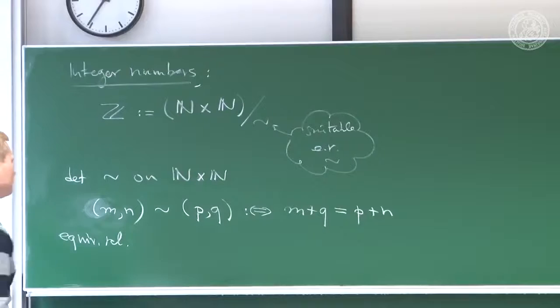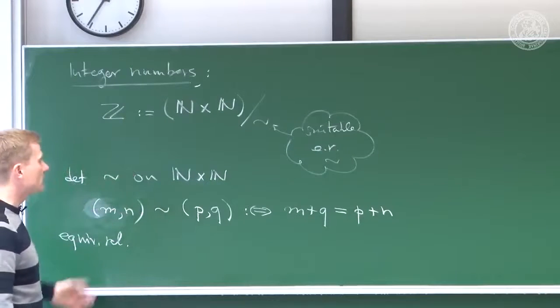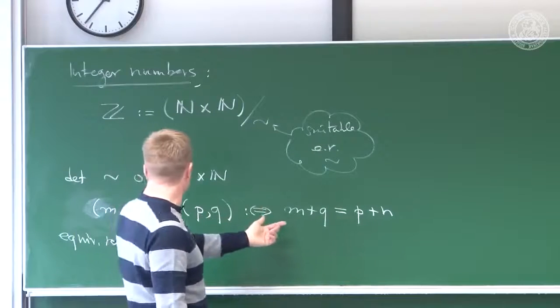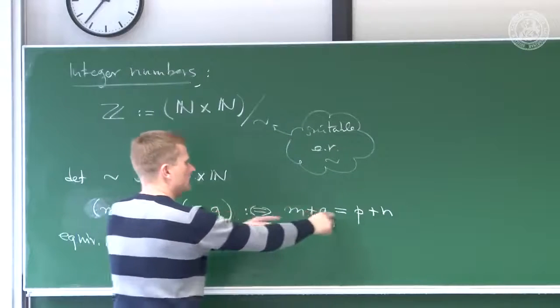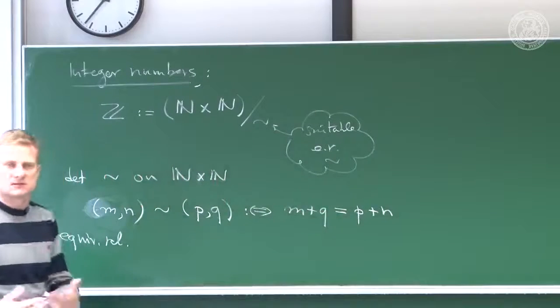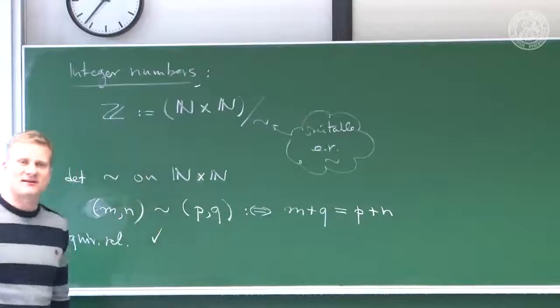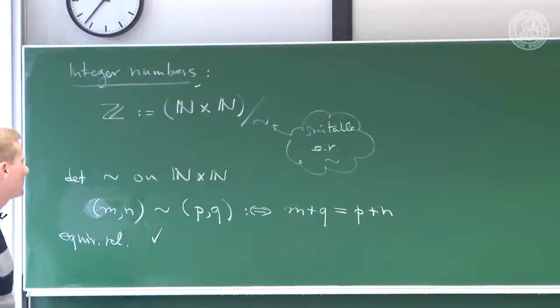So that's symmetry. Reflexive is clear for (m, n), because it's then m plus n equals n plus m. This is also clear. And you can also check it's transitive. Let's not do this right now. This is an equivalence relation, which needs to be checked. Okay.